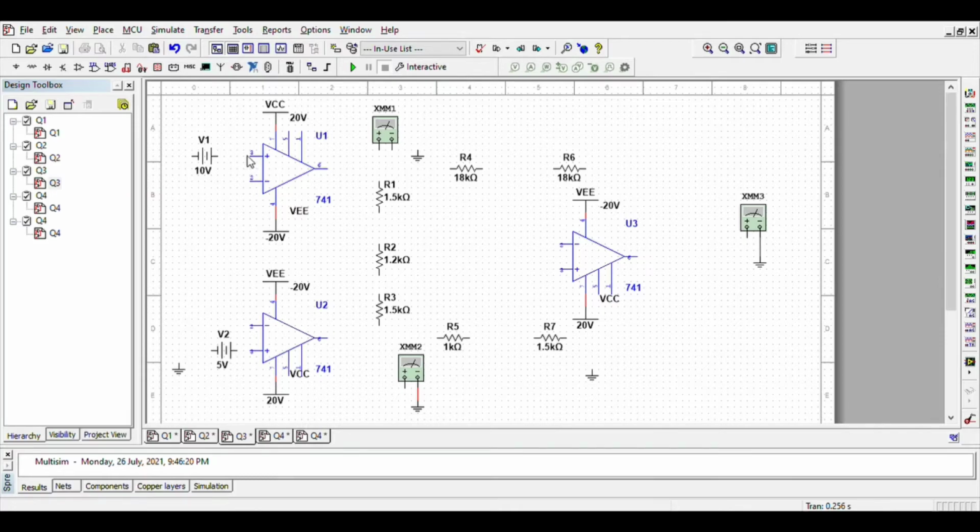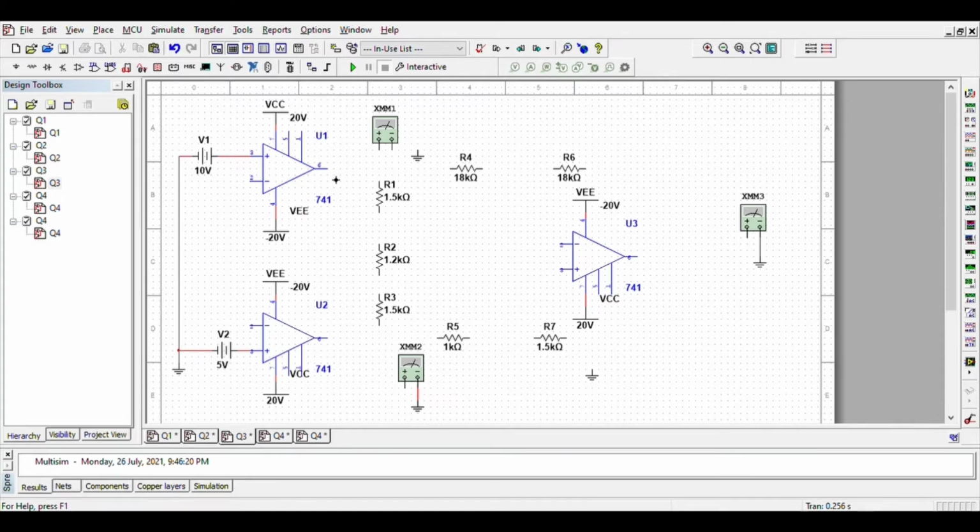First, the V plus is connected to V1, which is 10 volts. Then the V plus of op-amp 2 will be connected to 5 volts. Then it will be connected to ground. This will also be connected to ground.